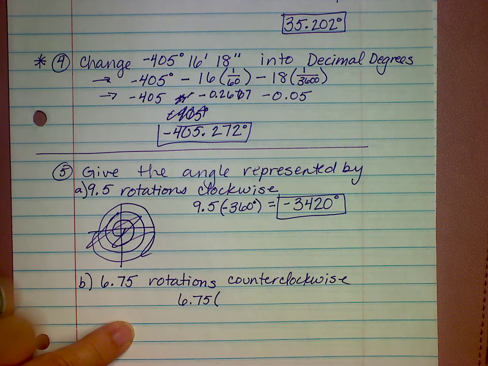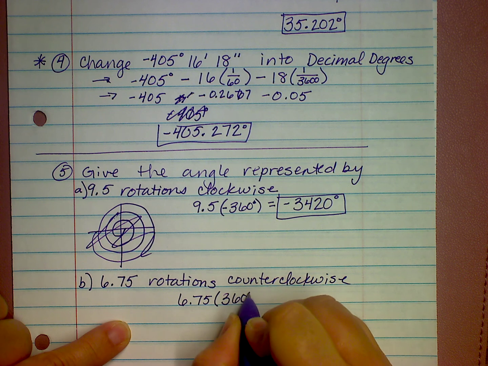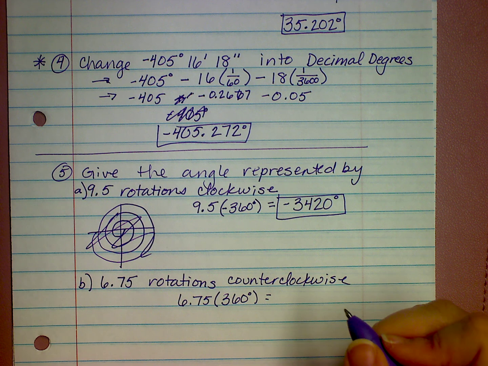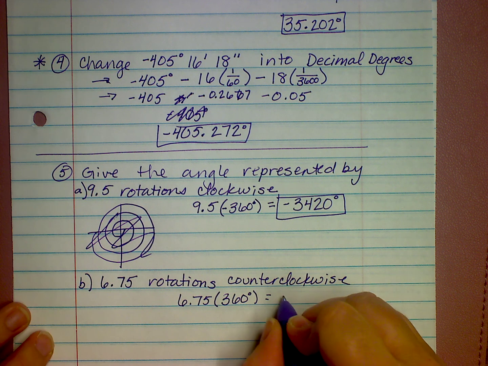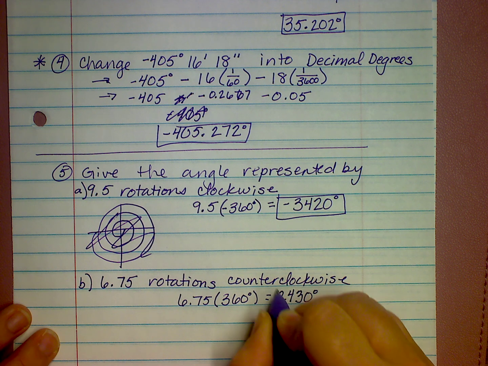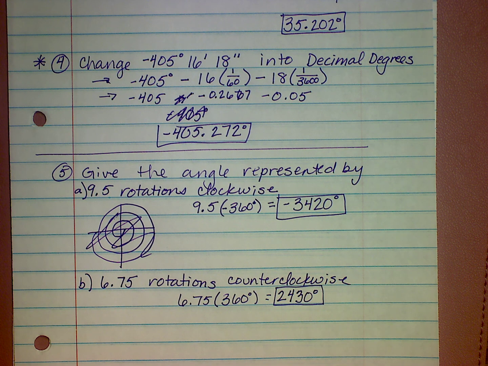So I'm not going to multiply it by negative 360, I'm going to multiply it by positive 360. What do I get when I multiply 6.75 by positive 360? 2,430 degrees. We doing okay there? Yeah? Okay.